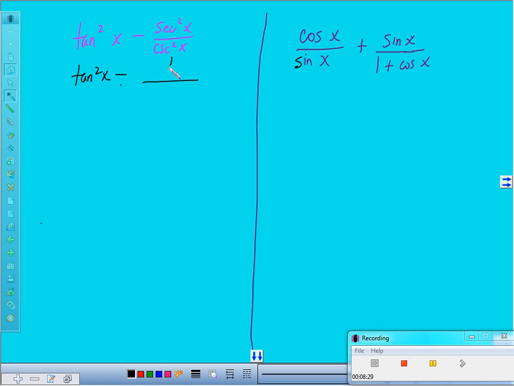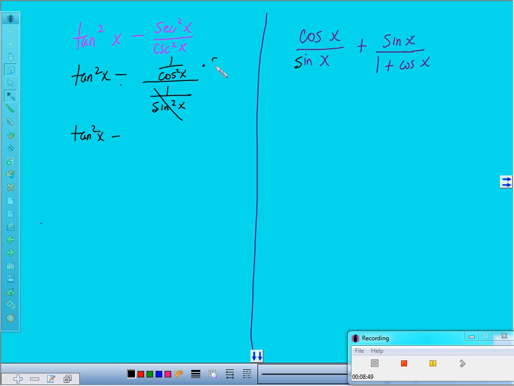And yes, number 2 says secant squared is equal to 1 over cosine squared. Cosecant squared says it's 1 over sine squared. So now, what happens, I have a fraction divided by a fraction.